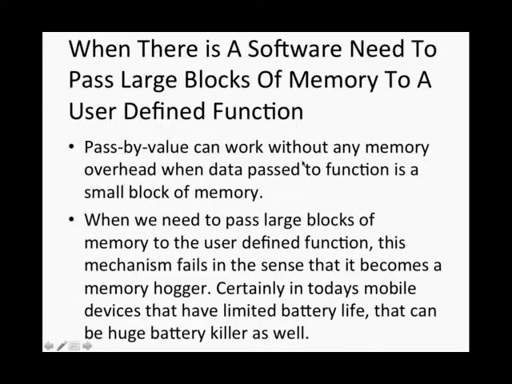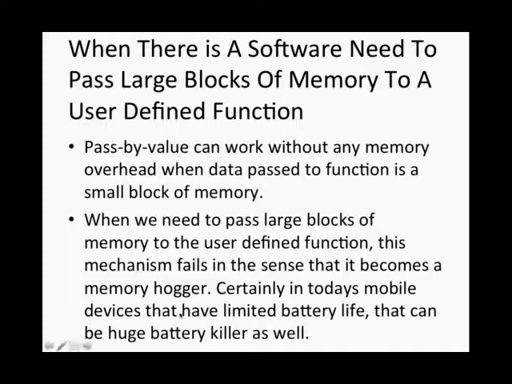Pass by value can work without any memory overhead when data passed to a function is a small block of memory. Int is 4 bytes, double is 8 bytes, character is 1 byte. If you're passing these small pieces of data, that's not a problem in passing by value.